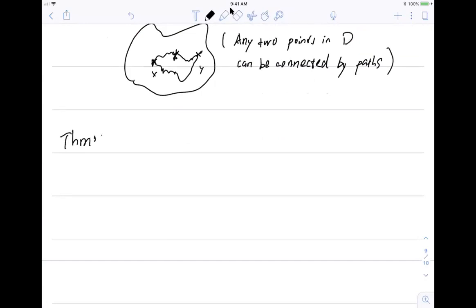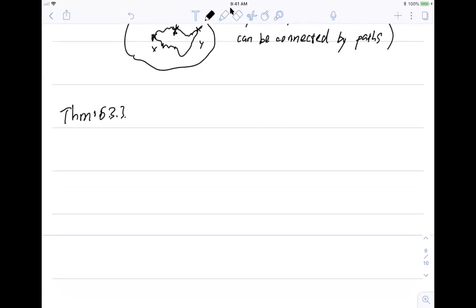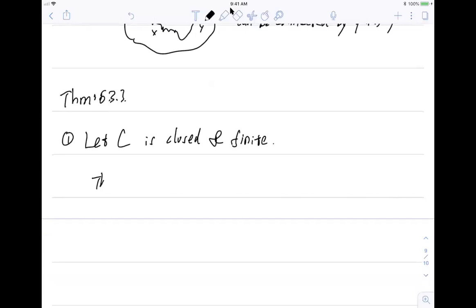So this theorem tells the following. Let C be closed and finite, meaning the cardinality of C is finite, just a finite number. Then C contains at least one recurrent state.